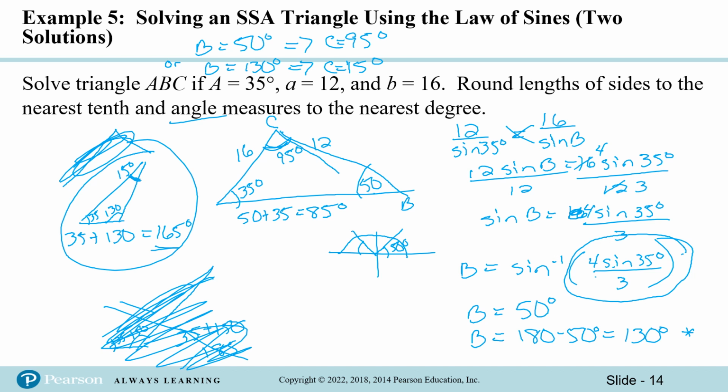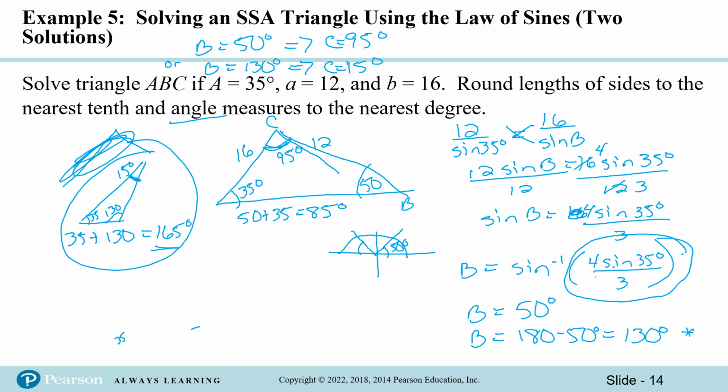Let me erase this down here so I have some room. Okay, so I found all three angles for both triangles. I just need to find C's for both triangles.